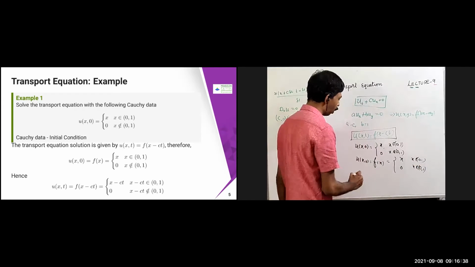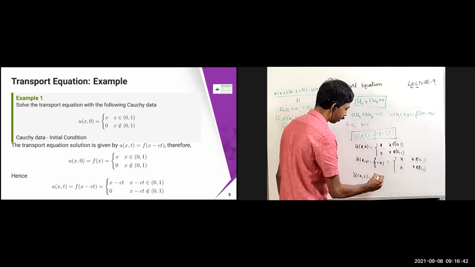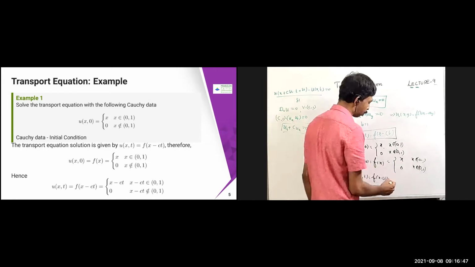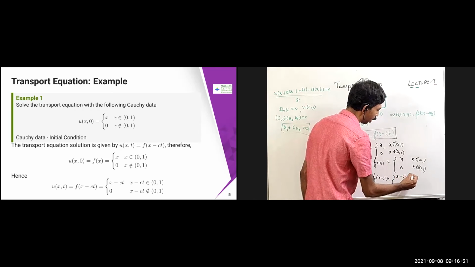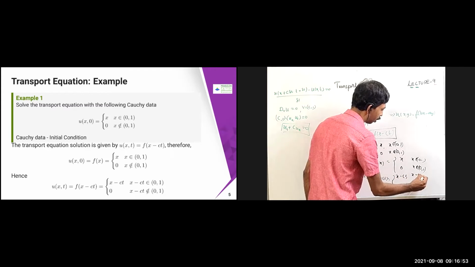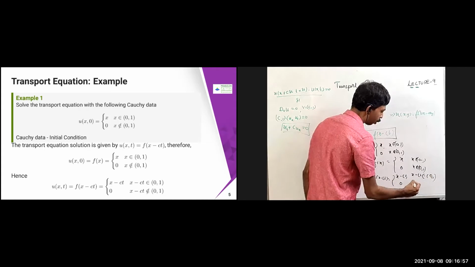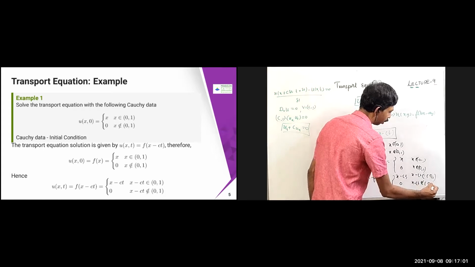Therefore u(x, t) is going to become f(x minus ct). That means f(x) equal to x if x belongs to (0, 1). Therefore this is going to become x minus ct if x minus ct belongs to (0, 1), and 0 if x minus ct does not belong to (0, 1).